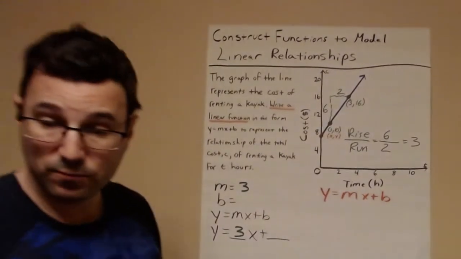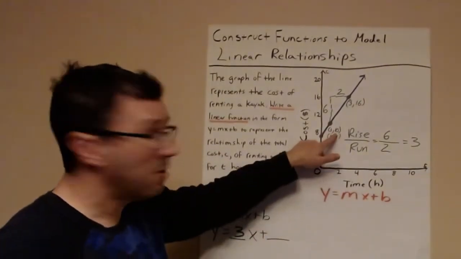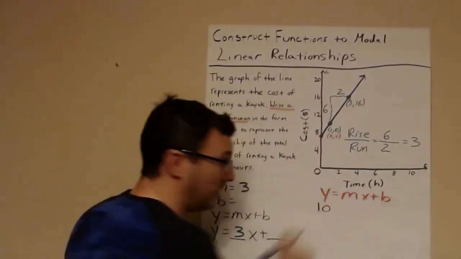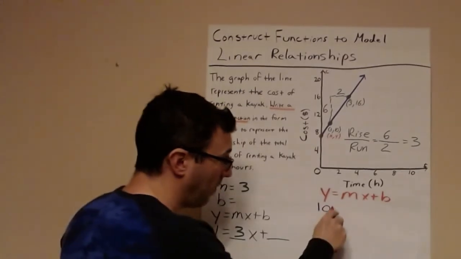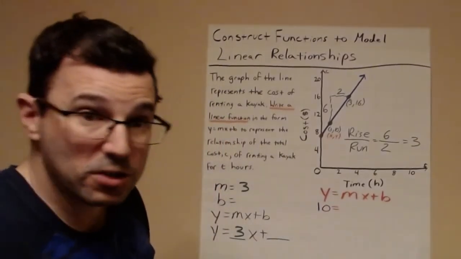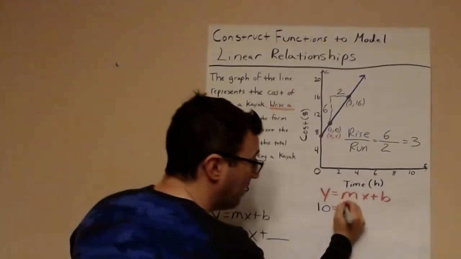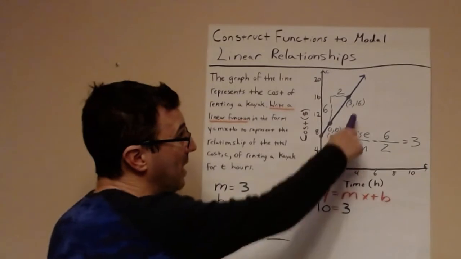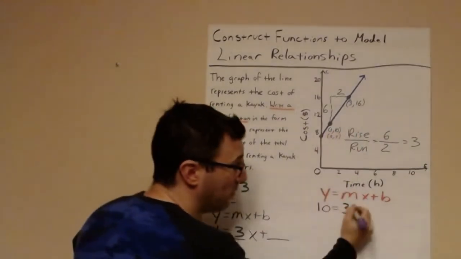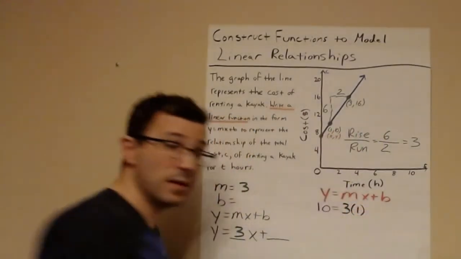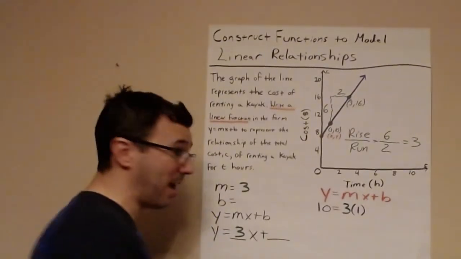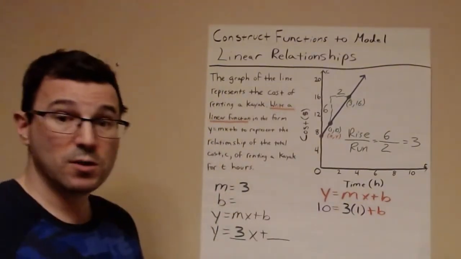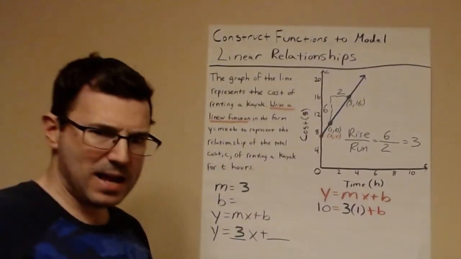I've got my y is 10. We already know that our slope is 3. And we have that our x value is 1. The only thing that's missing now is b.